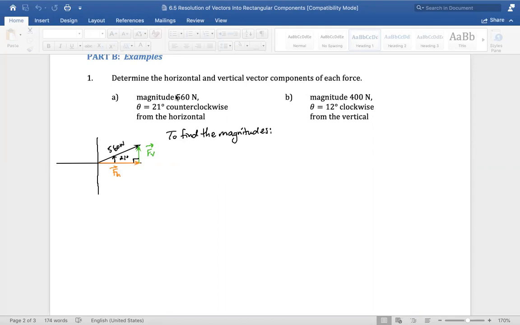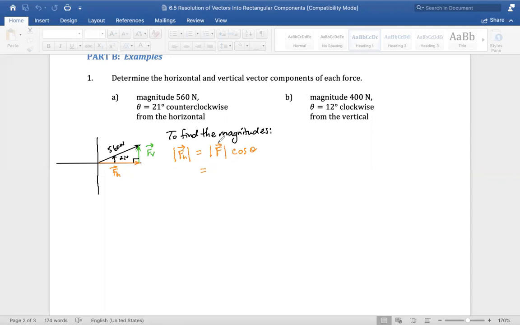I'll do that in orange. If we go to the formula from up above, the magnitude of the horizontal vector is equal to, go to the formula that was just on the first page for horizontal, the magnitude of my F vector times the cos of theta. Horizontal was cos, right, and vertical was sine.